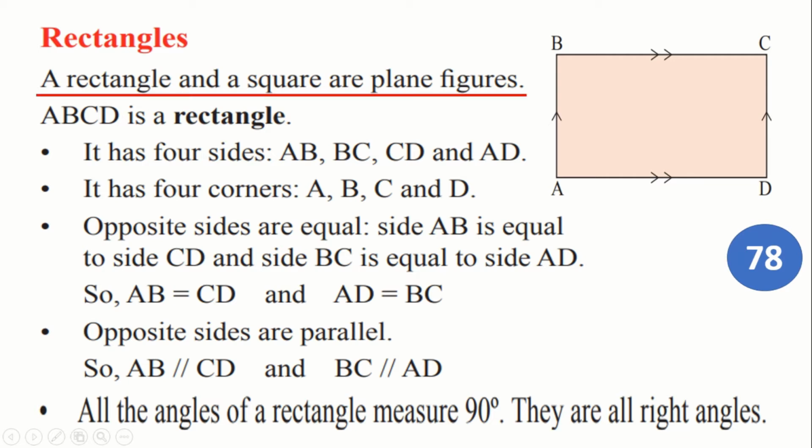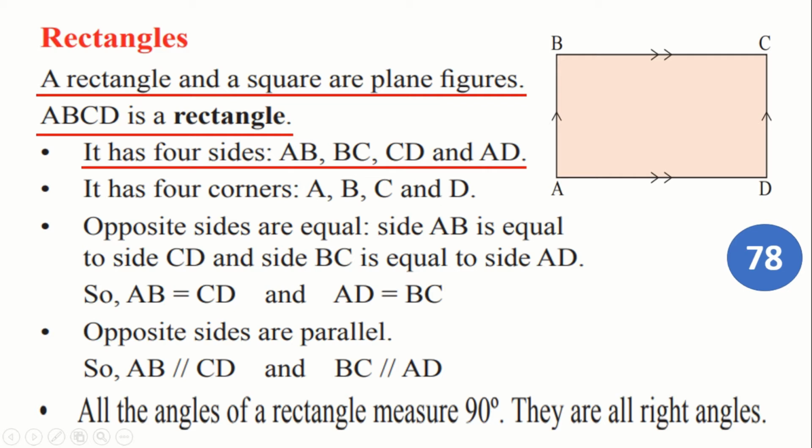A rectangle and a square are plane figures. ABCD is a rectangle. Look here now on the right side. You have here a rectangle. You have A, B, C, and letter D. It has 4 sides.